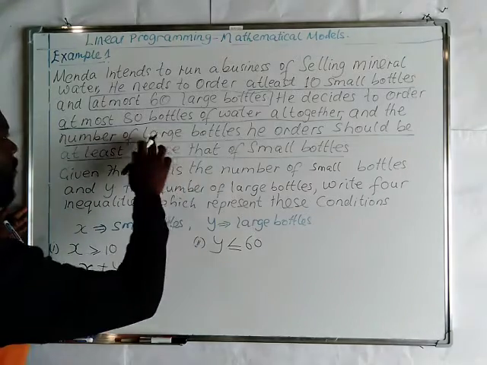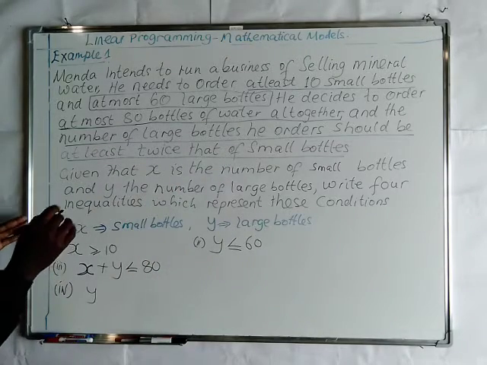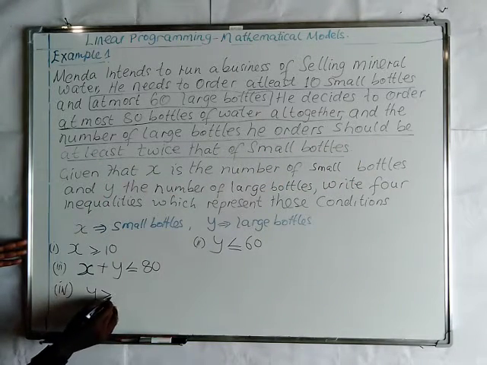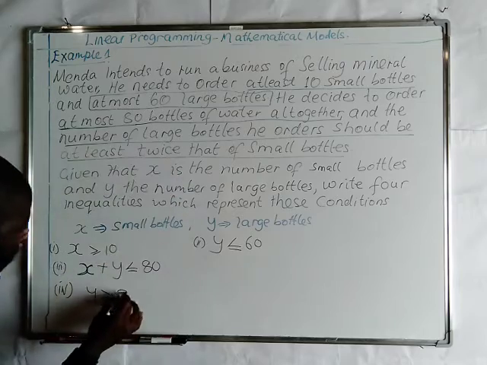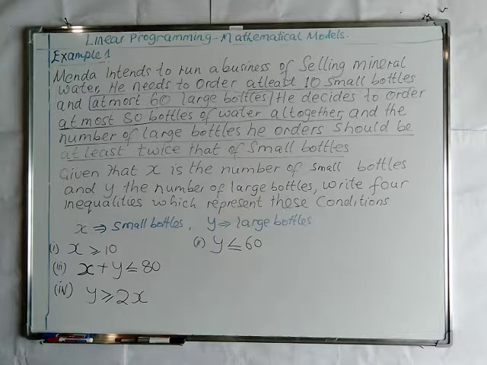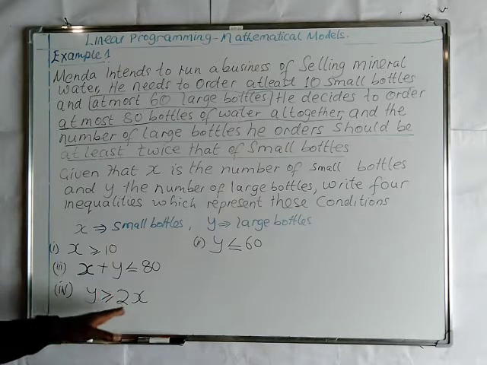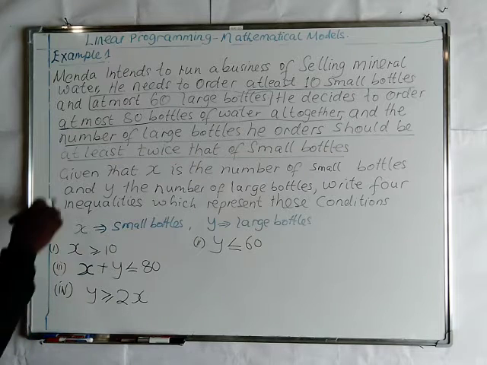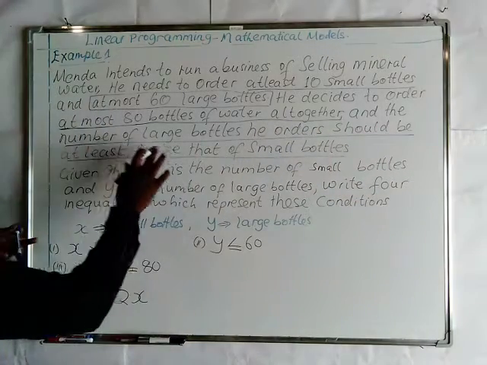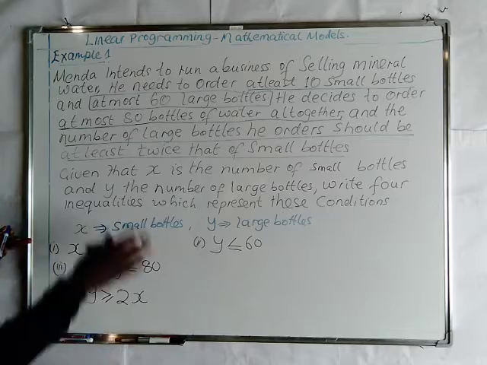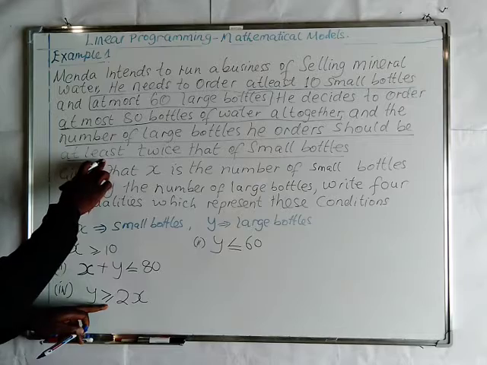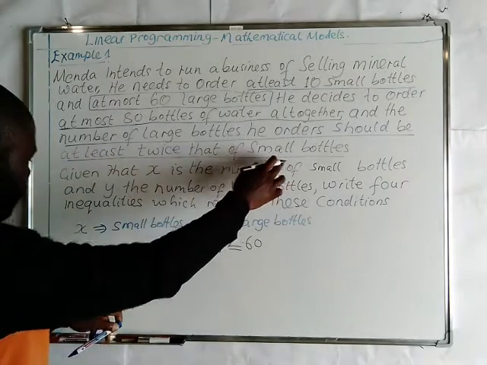Number of large bottles, large bottles is Y. Large bottles should be at least, at least means greater than or equal to, twice that of small bottles. Small bottles is X. So our last inequality is Y is greater than or equal to 2X.